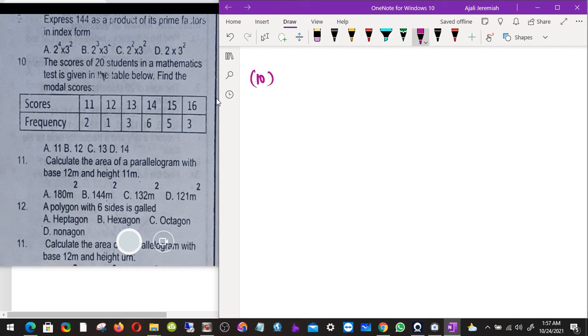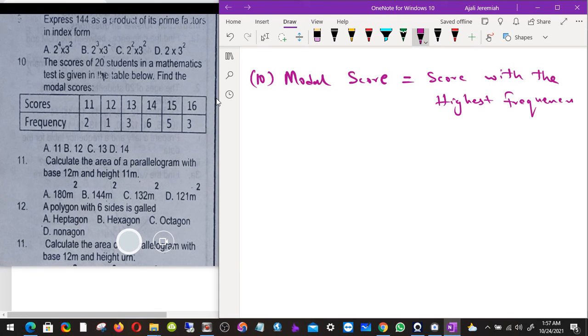So number 10, modal score is the score with the highest frequency. Okay, so if you look carefully, look at the frequency here, look for the highest frequency. The highest frequency here is 6, so the score having 6, you can see this is the score, this is frequency.